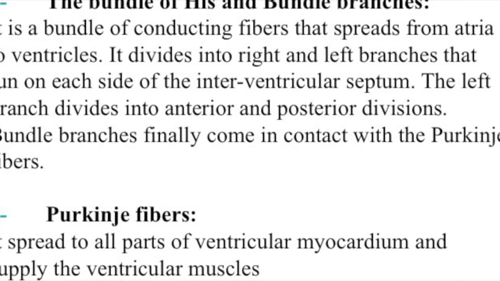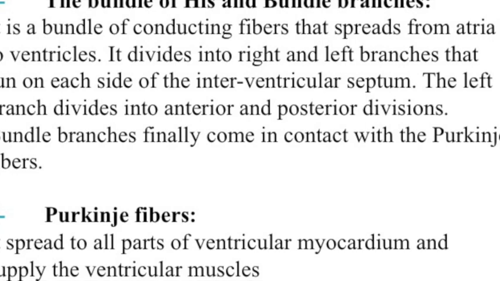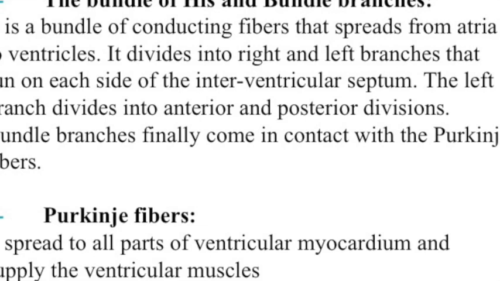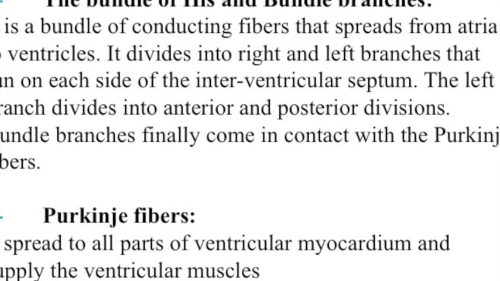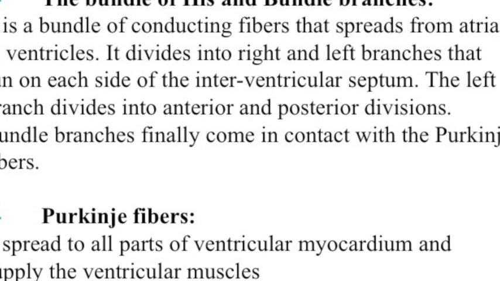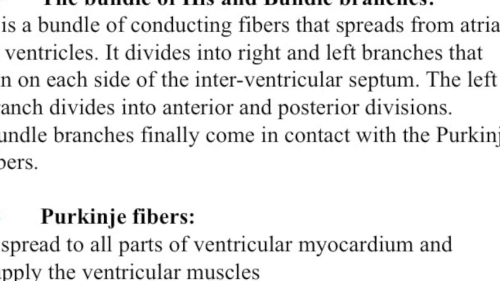If we take into consideration that the sinoatrial node starts by sending impulses at around 70 to 80 beats per minute, the AV node can act as a pacemaker at a lower level. Its rate is only 60 beats per minute.